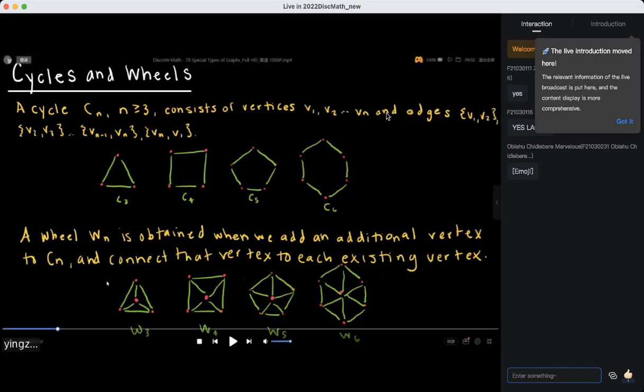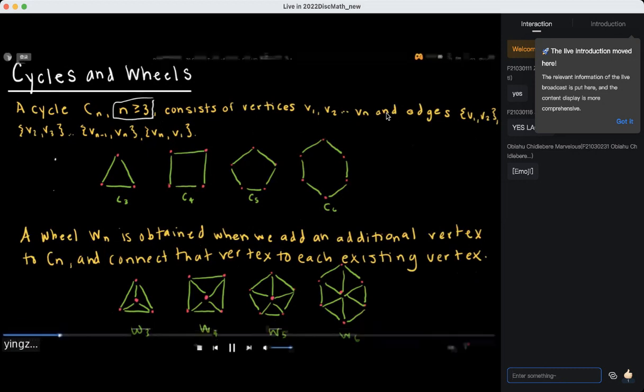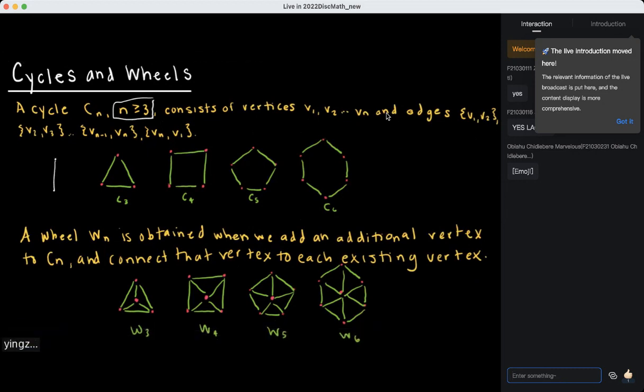It's the wheel. Okay. Which of course makes sense because if I had 2 vertices, it would just be one edge connecting them. But a cycle essentially says that I'm going to continue to connect V1 to V2, V2 to V3, V3 to V4, V4 to V5. So I'm connecting them in the correct order all the way till I get to whatever my last value is.